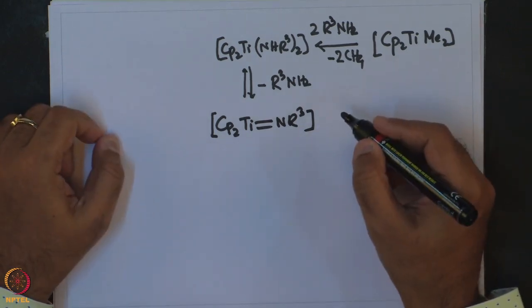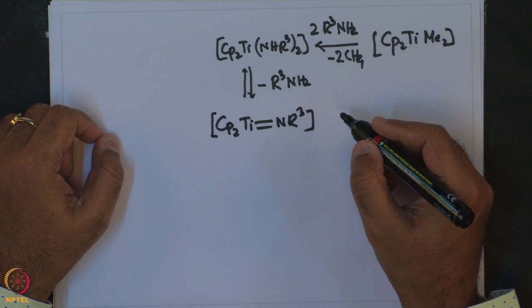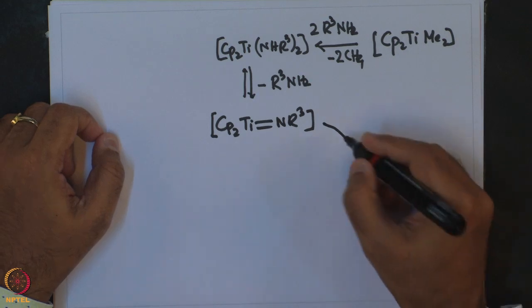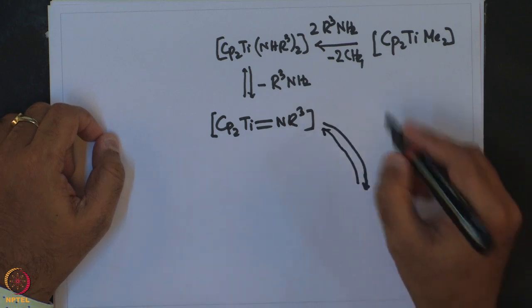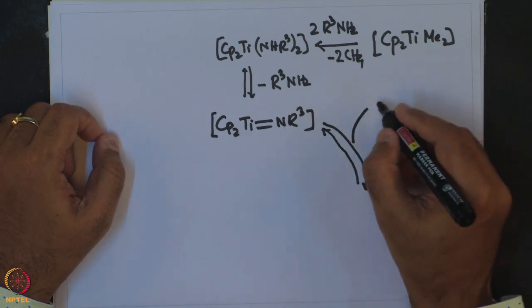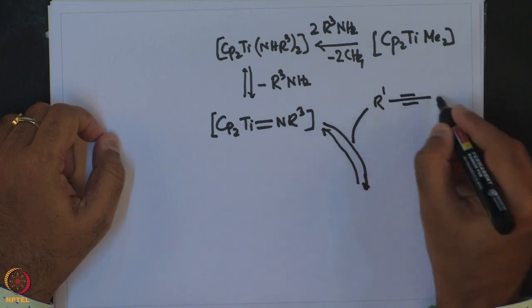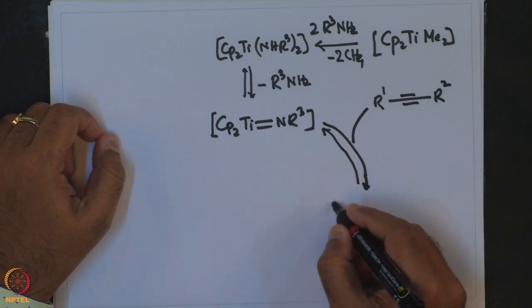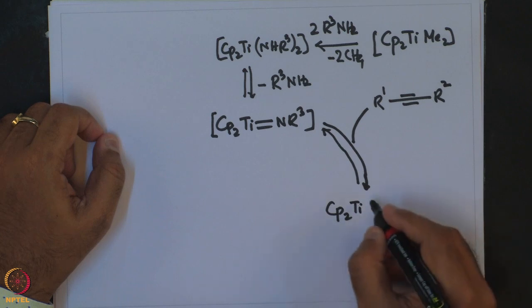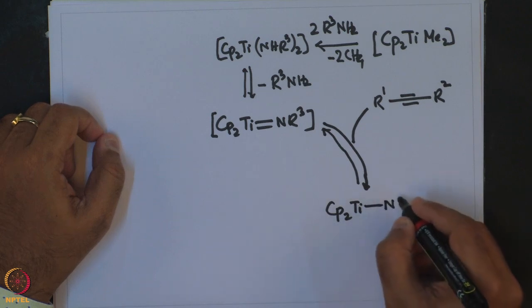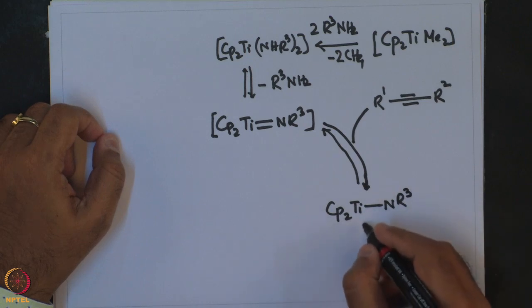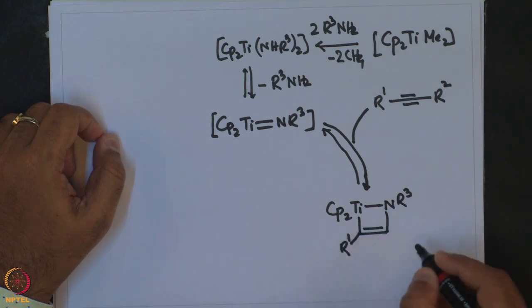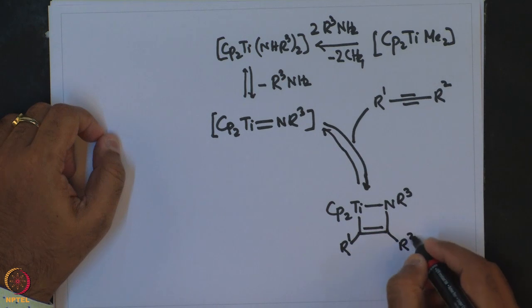Now, this imido species undergoes reaction with the acetylene R1 R2 in a 2+2 cycloaddition to give the product Cp2 titanium in R3 olefin R1 R2.